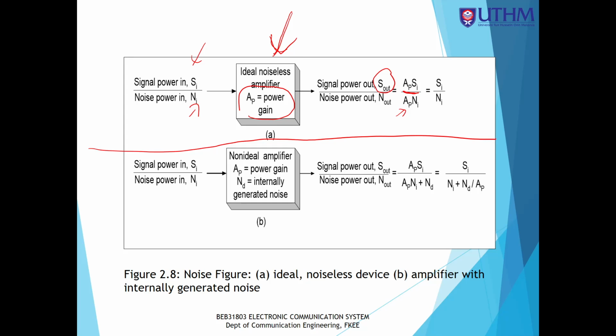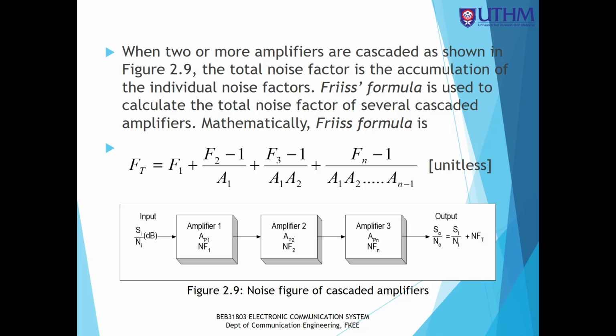So the noise also gonna be amplified. So you get APSI over APNI. At the end, kamu akan dapat bersamaan dengan SI over NI. Nisbahnya sama dengan SNR input. So this is what they call the F equal to 1 for the perfect case, perfect system, yang mana dia tidak wujud dalam dunia sebenar.